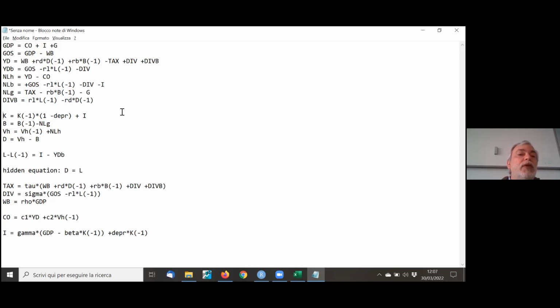So let me do the algebra. If we take this equation and substitute this one in here, this part is equal to this dPr times k minus 1. So this simplifies to this equation here.